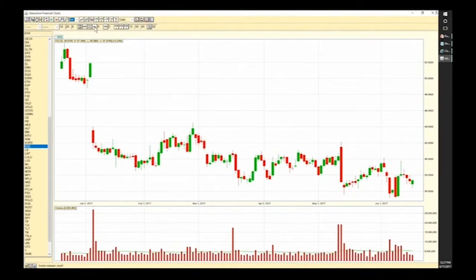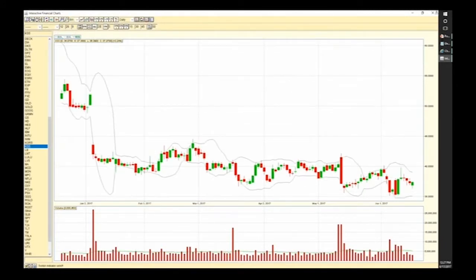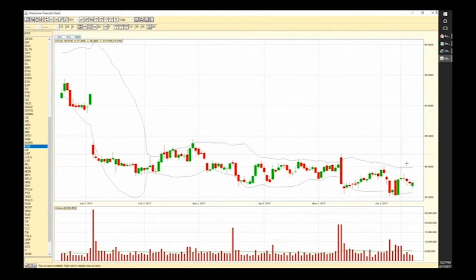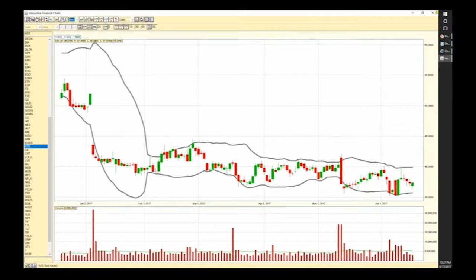First thing I said was the Bollinger Band set on a 20-day. And what I'm looking for when I see these Bollinger Bands, and let me see if I can make those Bollinger Bands pop out for you, so I can change the color here, and I can make them nice and thick. How about that? What I'm trying to do here is not get it when it's at its thinnest or its widest point. I want it to be kind of an average width.